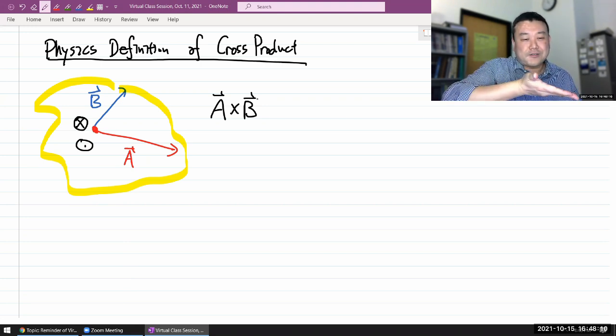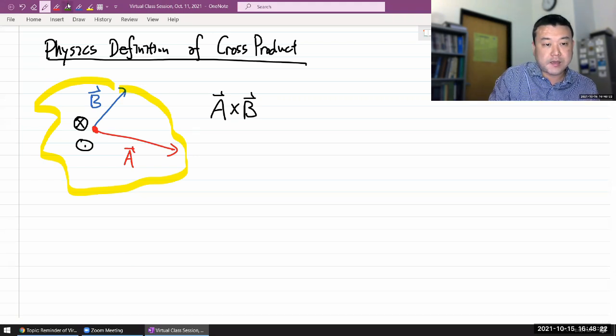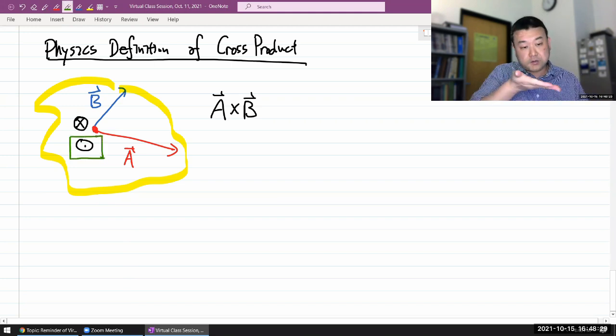And when I do A cross B, the direction of my thumb out of the screen is the direction of the arbitrary choice that we have chosen to use out of the two possible choices. So A cross B gives you a vector out of plane.